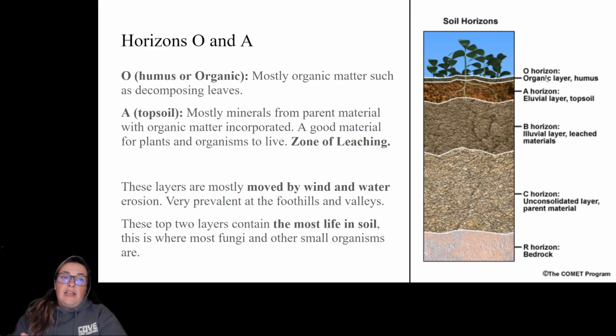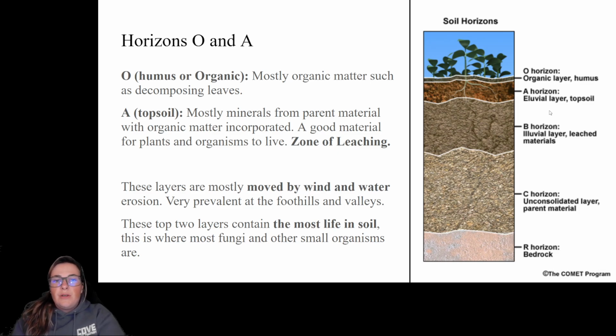Generally speaking, there's an O horizon, which stands for organic layer. The organic layer is also synonymous with humus, which is decomposed organic matter, right? So this layer is mostly organic matter, such as decomposing leaves. Next, we have the A horizon, which is also called topsoil.